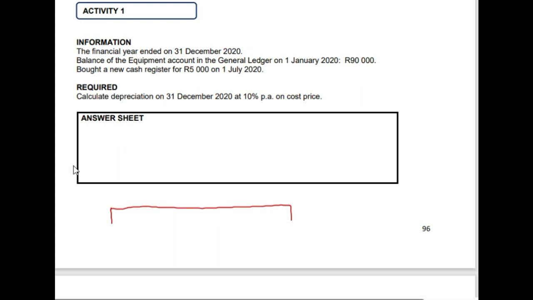And then guys, it says, in the information for activity 1, the financial year ended on the 31 December 2020.